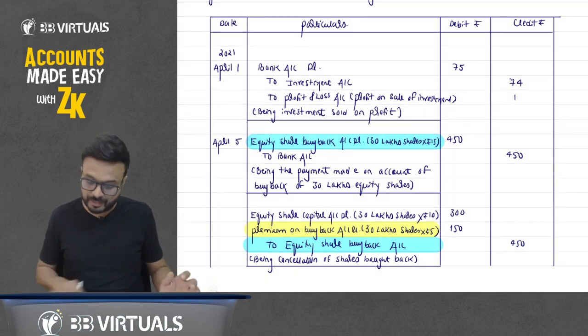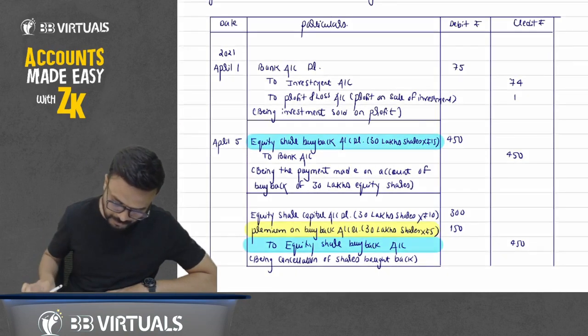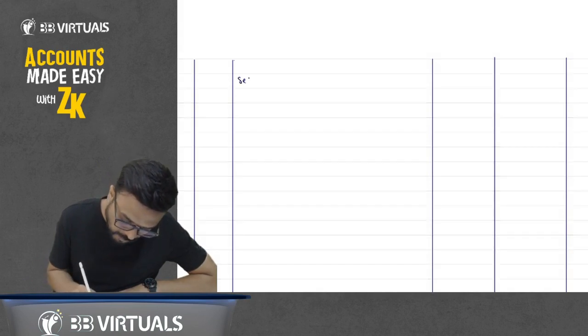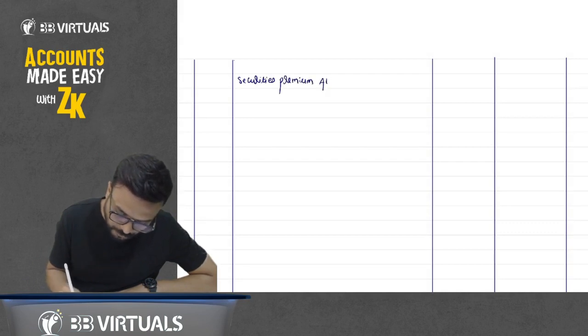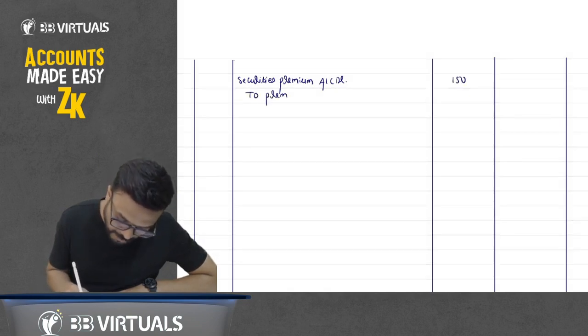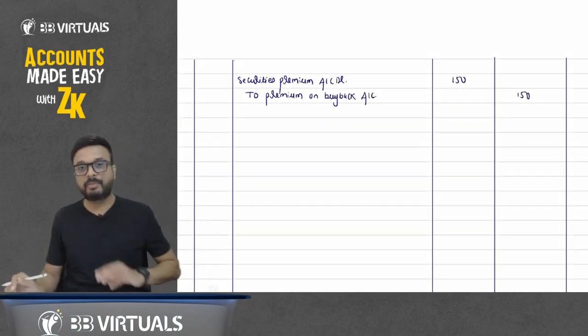So write down the next entry, and we are passing all these entries on 5th of April only. Securities premium account debit 150, to premium on buyback account 150.